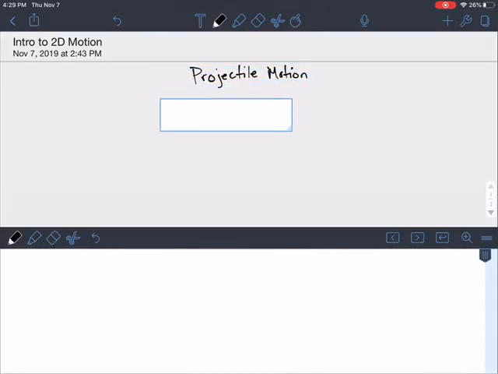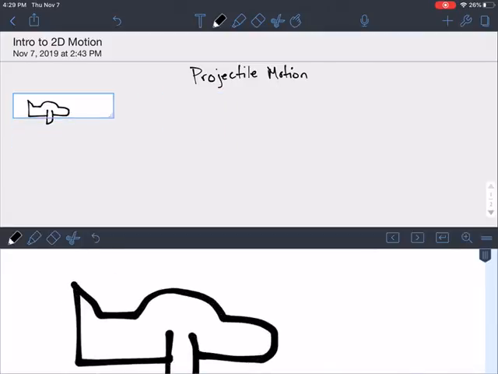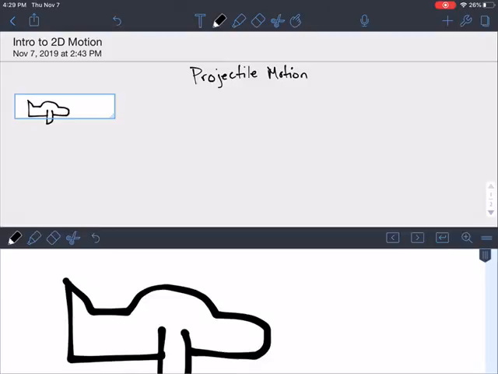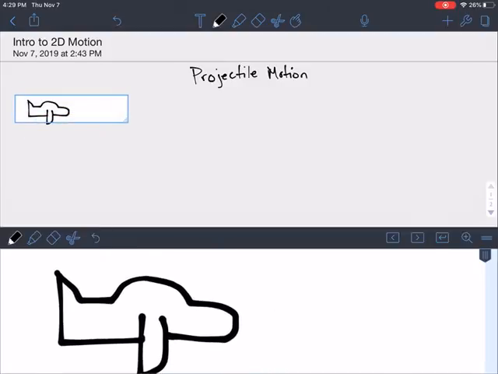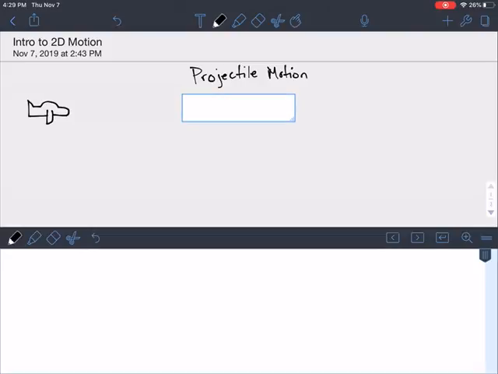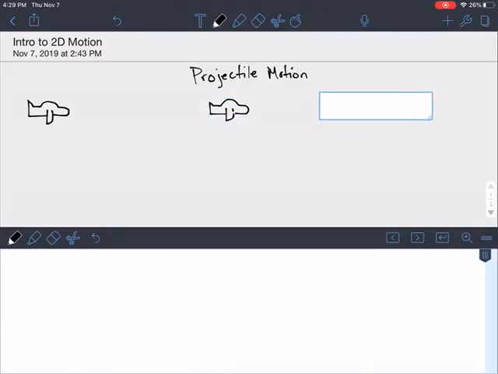So to start this off, let's go ahead and look at a scenario. Let's say that we are in the Air Force and we are dropping off supplies to one of our allies. We have a specific spot where we want to drop these materials.